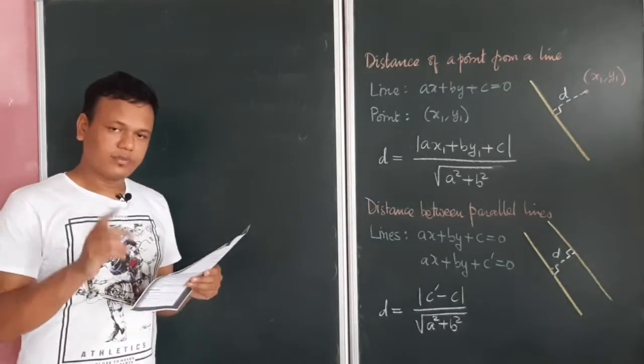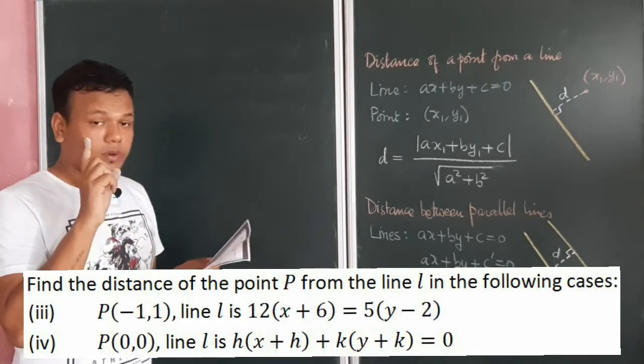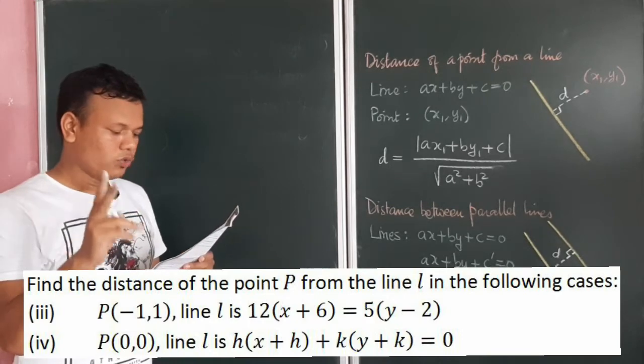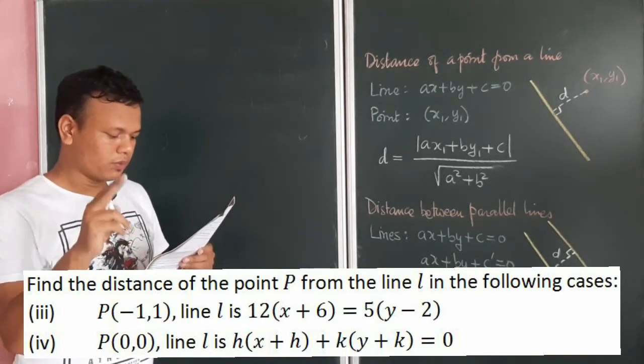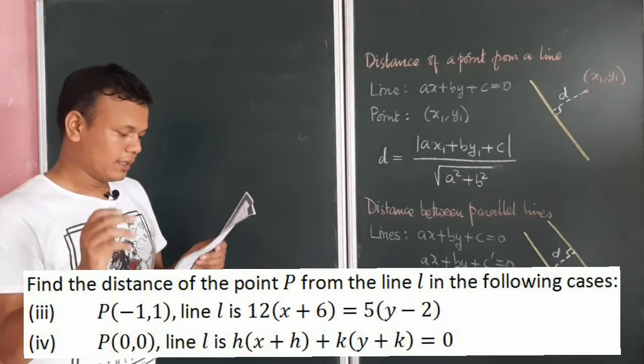Okay, let's begin with the first question for the day, exercise 11.9. I am taking from question number 1. There are 4 sub questions. I'll take 2 problems from that, question number 3 and question number 4.